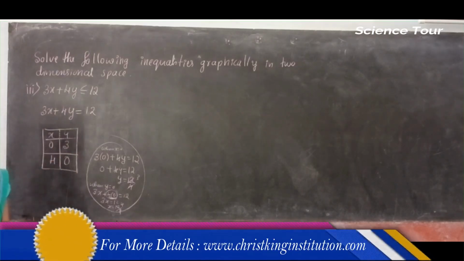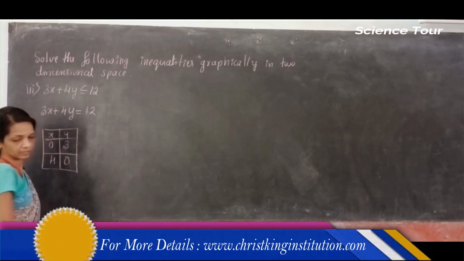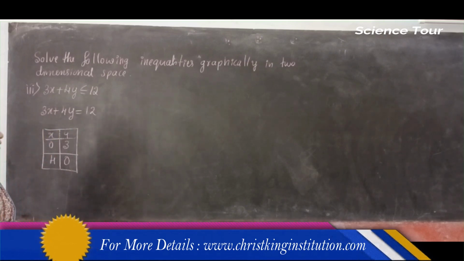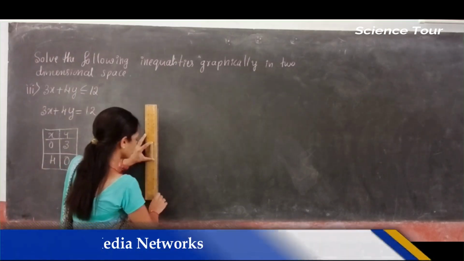Now these points are easy to mark in the graph. Draw the x-axis and y-axis. Only the positive side of the x-axis and the positive side of the y-axis is enough.